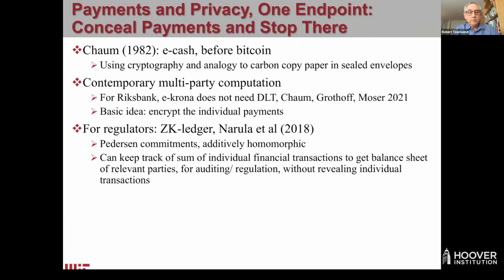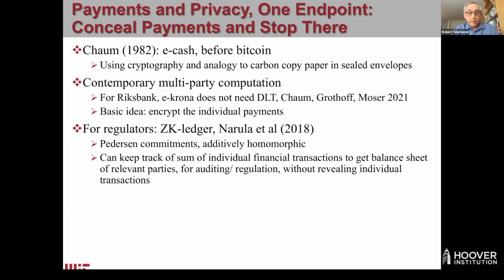Chaum actually developed an early proposal for eCash in 1982, preceding Bitcoin, and it uses cryptography in analogy to carbon copy paper stashed away in sealed envelopes. More formally and recently, we have contemporary multi-party computation.